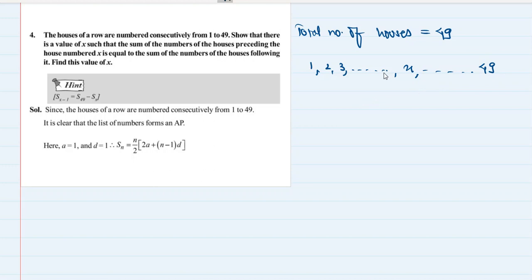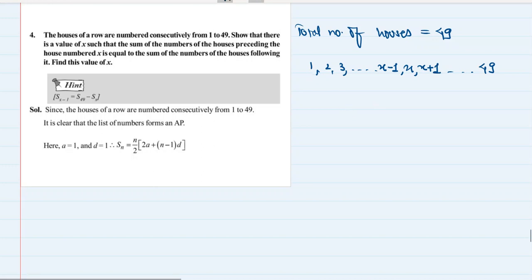Okay, we don't know x, so can you tell yourself what will be the number of the house which is before x? Before x we have house number x minus 1. And what about after x? After x we have house number x plus 1.